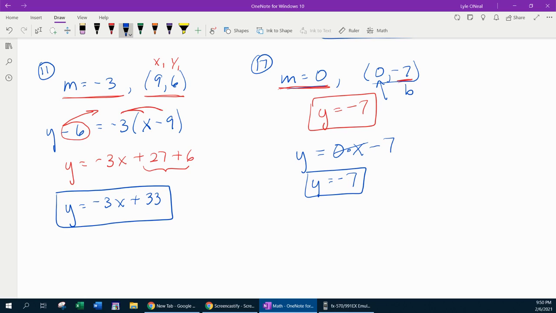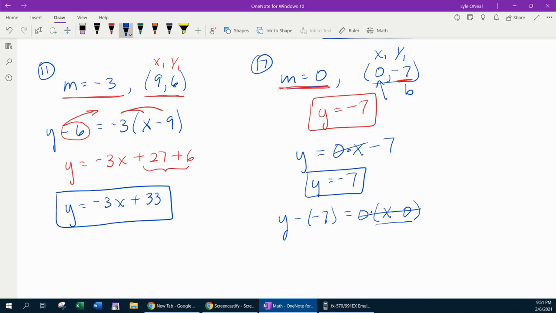And you can also get the same answer by plugging into point-slope form, where this would be x1 and y1, so it would be y minus y1 equals m x minus x1. But what is 0 times anything?